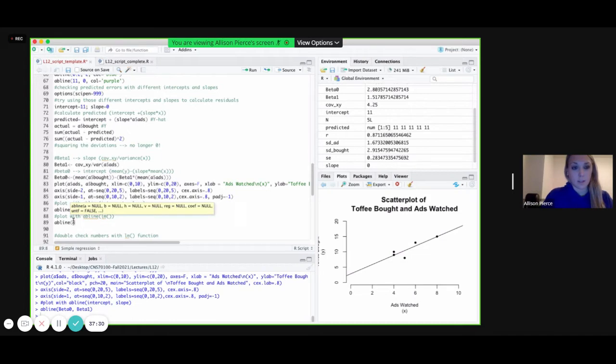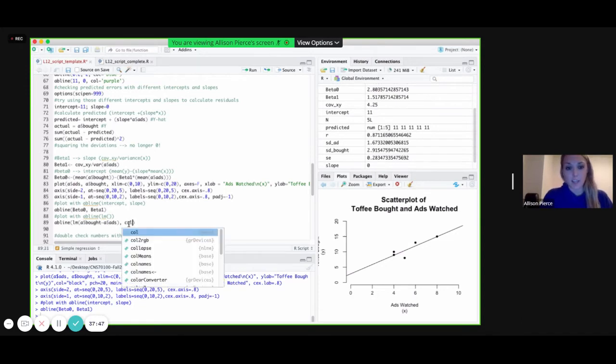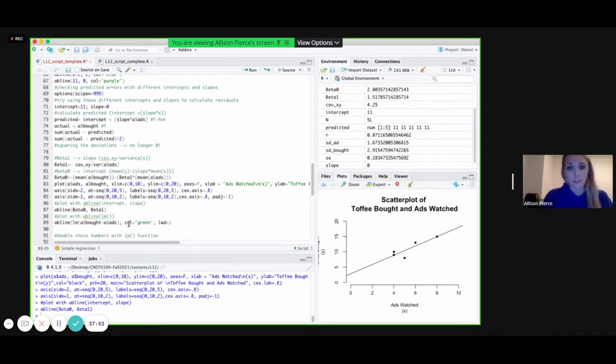So let's try it with lm, bought tilde adds. So this is letting R do it. This is from us manually calculating it. Because it should be overlaid on that line, I'm actually going to tell it to make it a different color. So I'm going to make it green, and I'm also going to make it a different width.